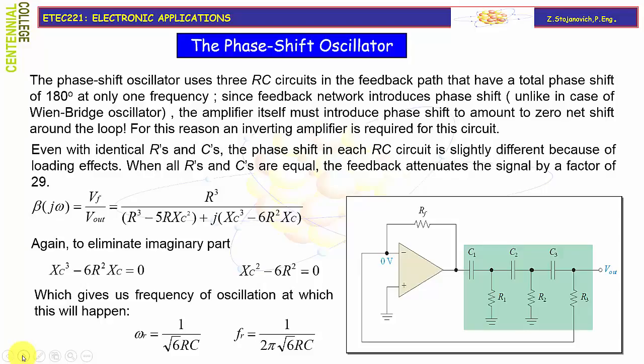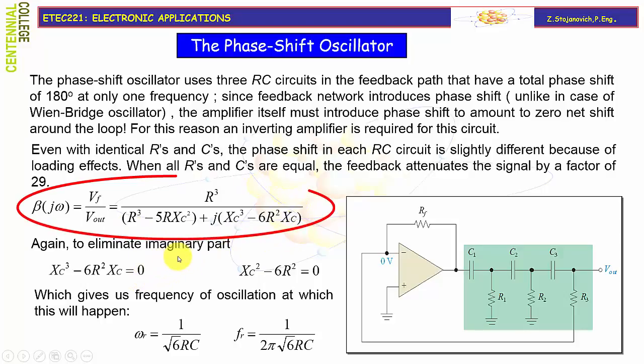Even with identical R's and C's, the phase shift in each RC circuit is slightly different because of the loading effects. When all R's and C's are equal, the feedback attenuates the signal by a factor of 29. If we derive the expression for the feedback factor, which is the ratio VF over Vout, you get this complex number.